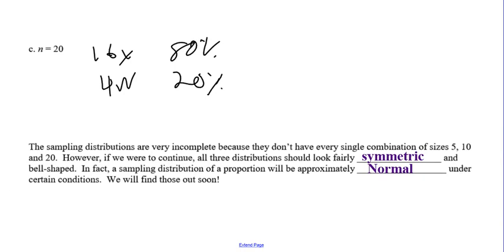So the sampling distributions are very incomplete because they don't have every single combination of sizes, 5, 10, and 20. However, if we were to continue, all 3 distributions look fairly symmetric and bell-shaped. In fact, the sampling distribution of a proportion will be approximately normal under certain conditions. And we're going to find that out now.